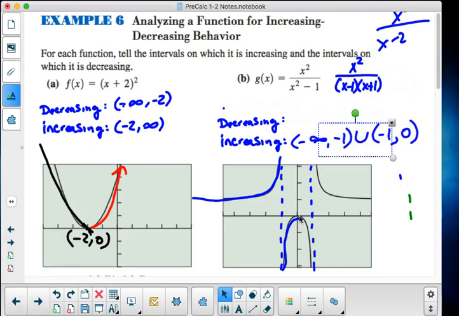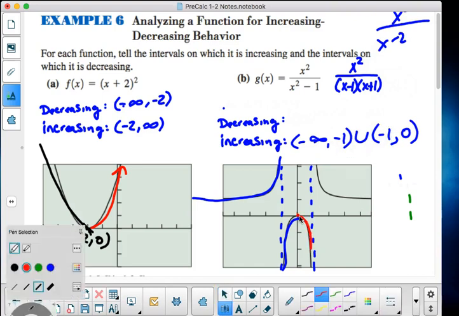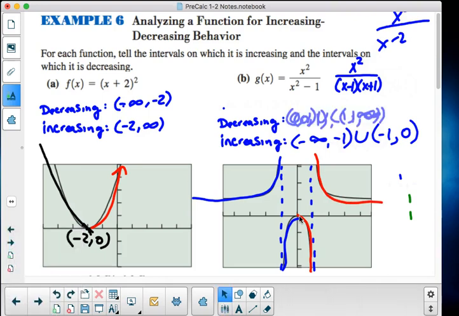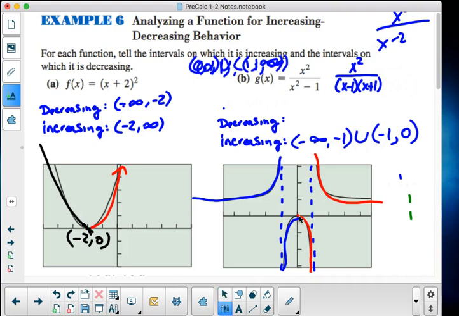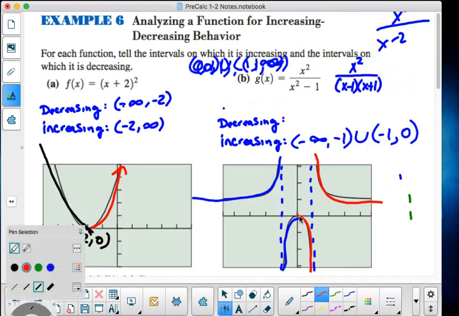Now decreasing. I'm decreasing from 0 to 1. I'm decreasing from 1 to infinity. So I got those going on. No idea what's going on there. That looks dumb. So from 0 to 1, and from 1 to infinity.